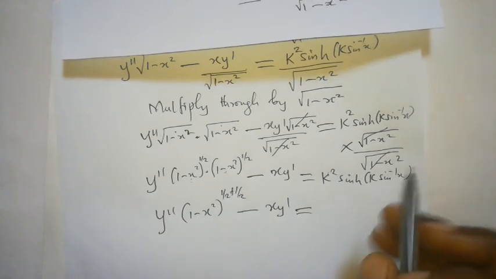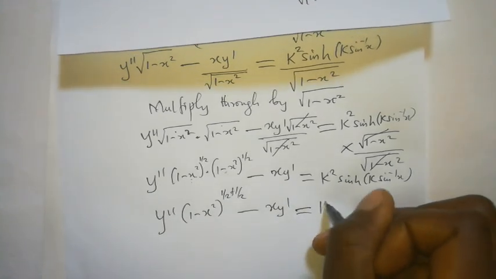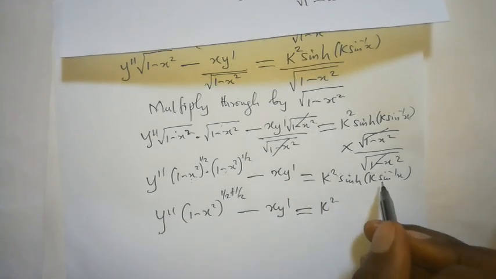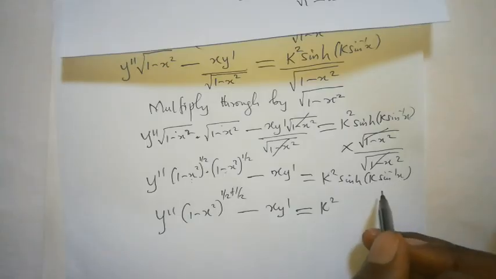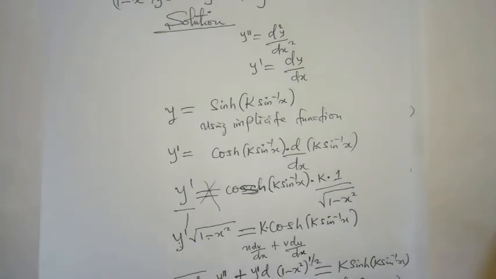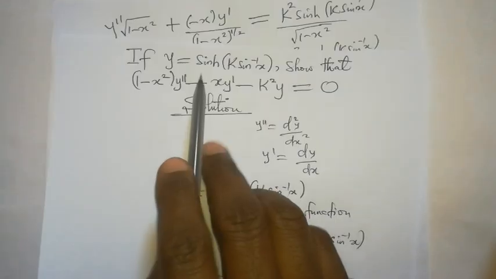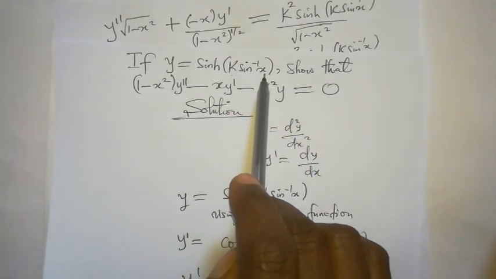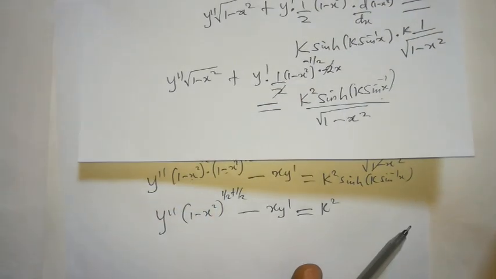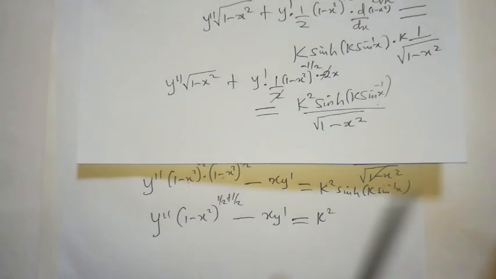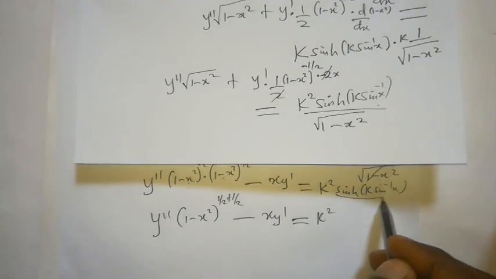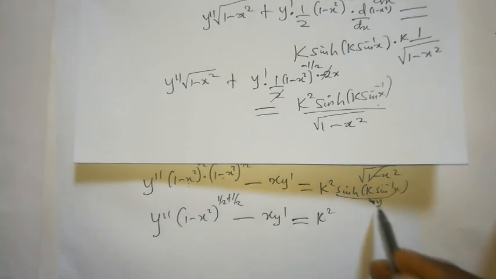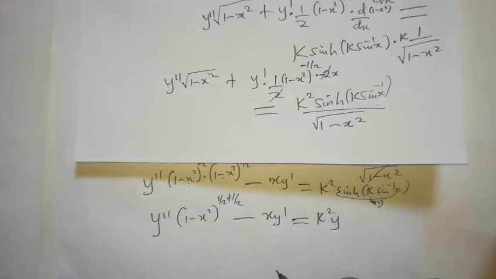And we know that sine of k sine inverse of x is equal to y. From the question, you see it, sine of what? k sine inverse of x is equal to y. So if we equate it here, everything here becomes y, so we have y.